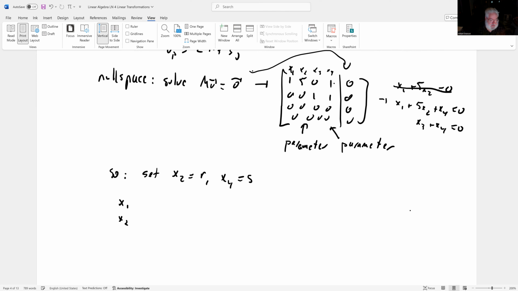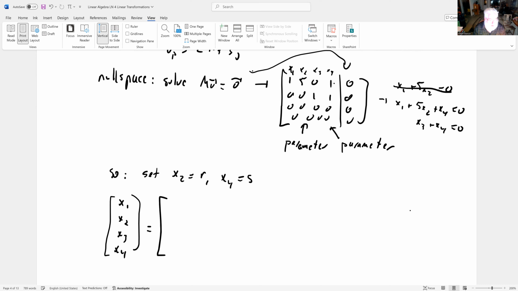Our null space is actually a plane. x1 is equal to minus 5x2 minus x4. Well, x2 is r and x4 is s. So x1 is minus 5r minus s, and x3 is just minus s.